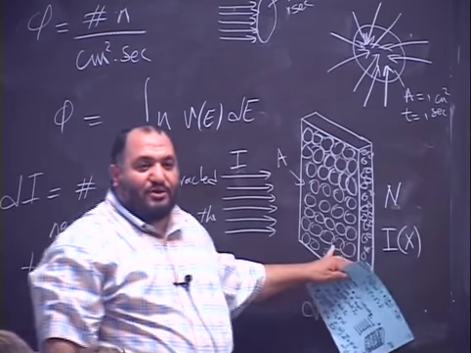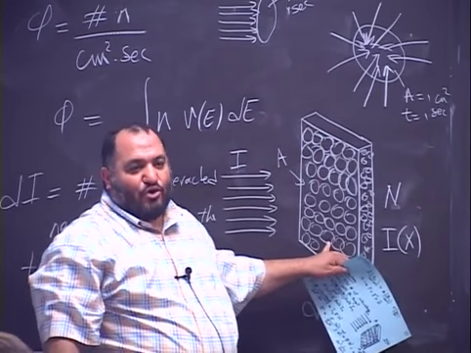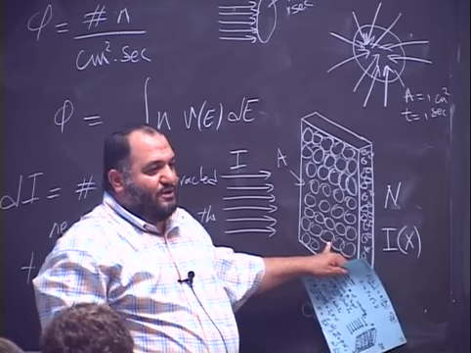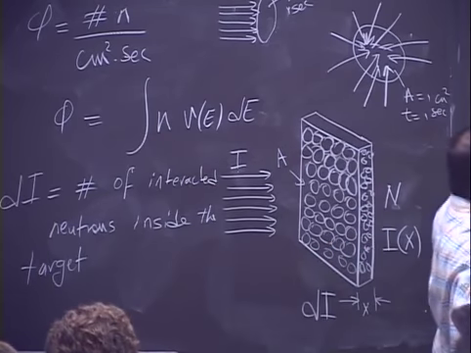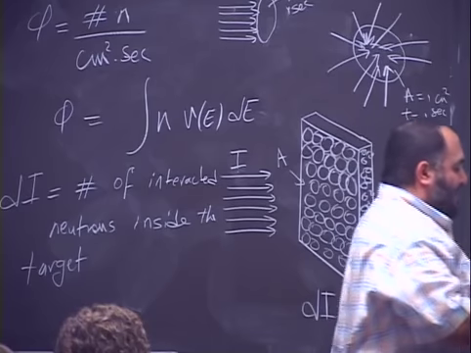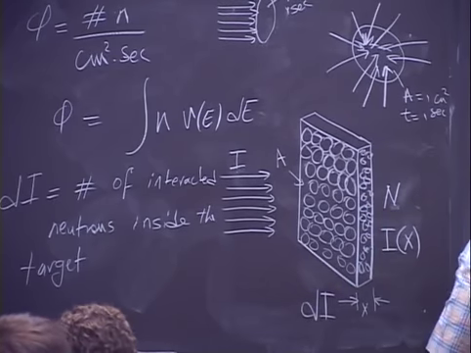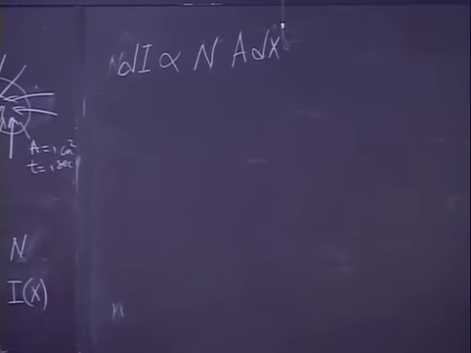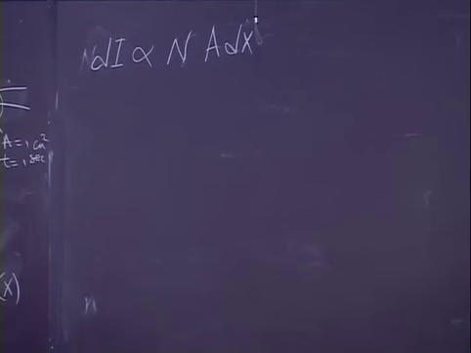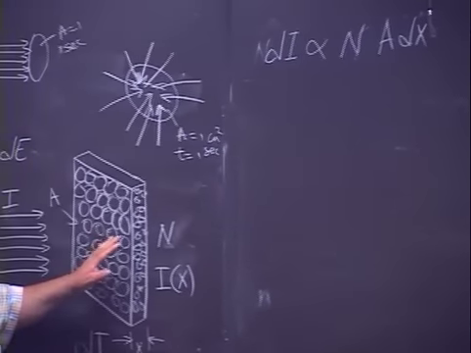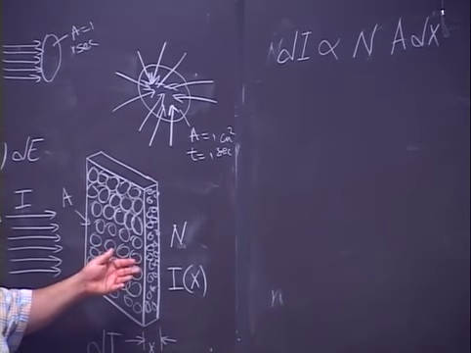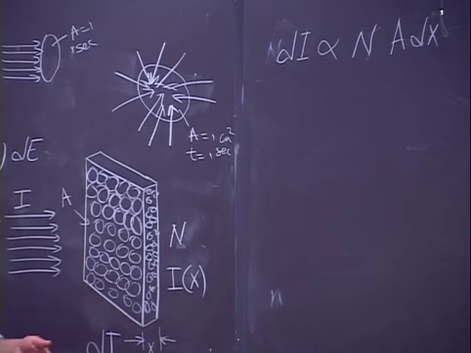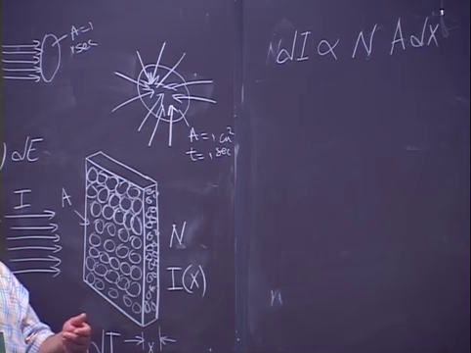So the higher the number of nuclei inside the target, the more you lose from the beam, and the lower, the more you conserve inside the beam. So it should go with direct proportionality with N. And it will also go with direct proportionality with A and delta X. So if you have more area, you have more nuclei, and in this case, the total number of interacted neutrons will increase. If you have more depth, you have more nuclei, and the number of interacted neutrons will also increase.